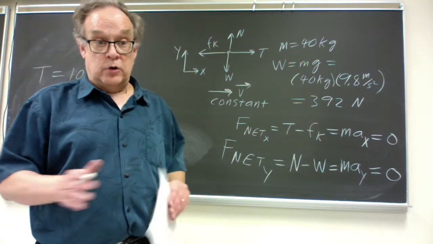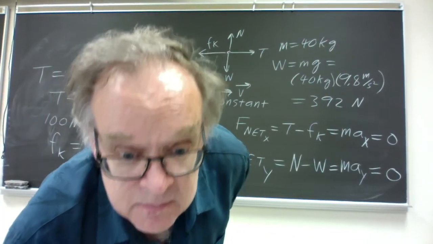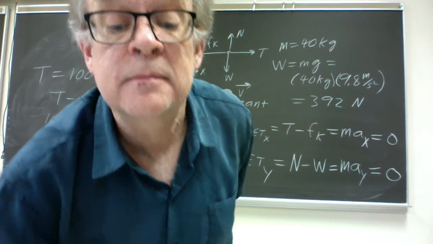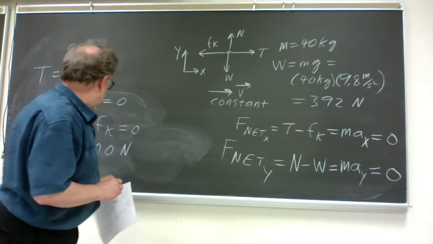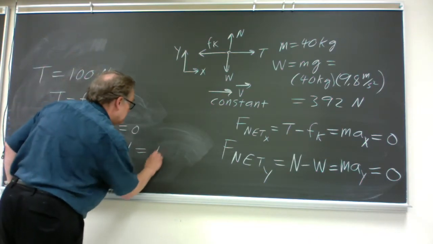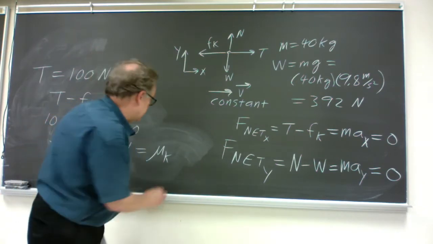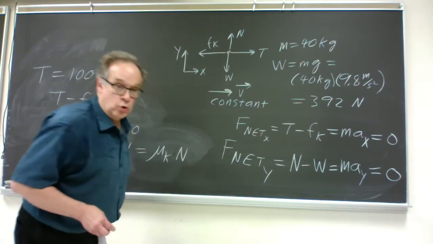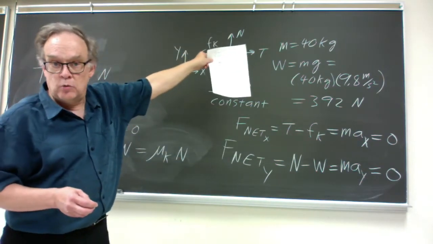Our goal is to figure out what the coefficient of friction is in this case, because kinetic friction is just the coefficient of kinetic friction that we're trying to figure out times the normal force that's coming from that same surface, right? This normal force right here.